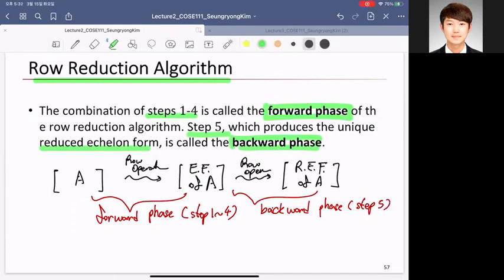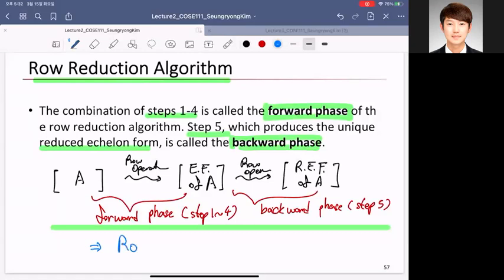Then this kind of process is called the row reduction algorithm.